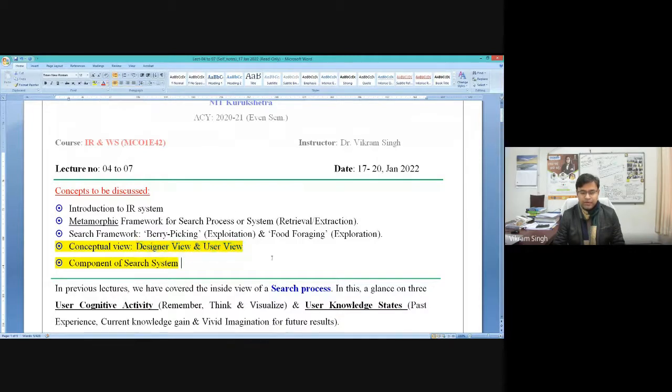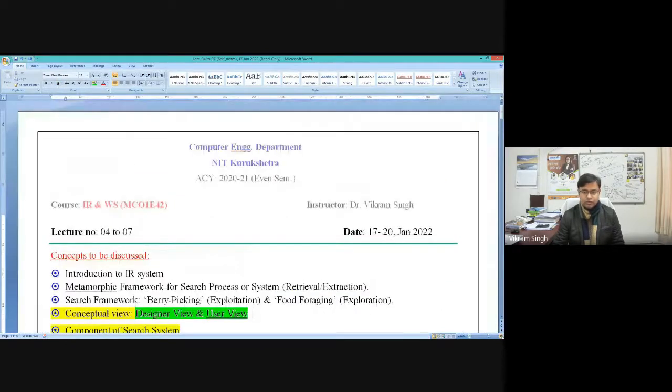The first view is obviously the designer view, because you are acting as a system designer. Along with it, you have to have the capacity of looking at the same system from a user's point of view also. Then only can you be a good system designer. That is for sure, right?